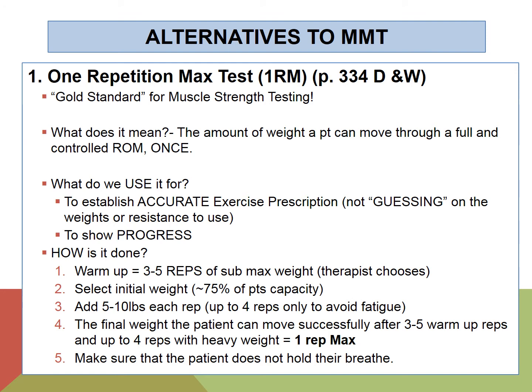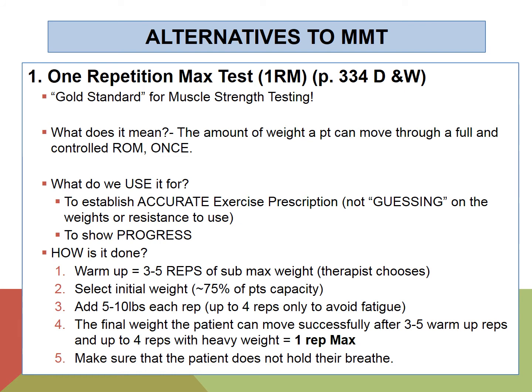It can be used if we're trying to set up an exercise program and to show progress for our patients. So it's important to know that when you do perform a 1 rep max test, you do have a warm-up. So you're going to have your patient do 3 to 5 reps at a sub-maximal weight as a warm-up. And then you're going to select an initial weight that you think is about 75% of that patient's capacity. And then you can add 5 to 10 pounds for each rep.